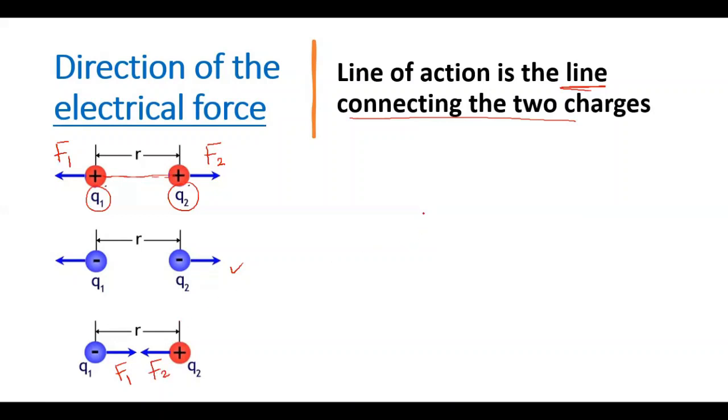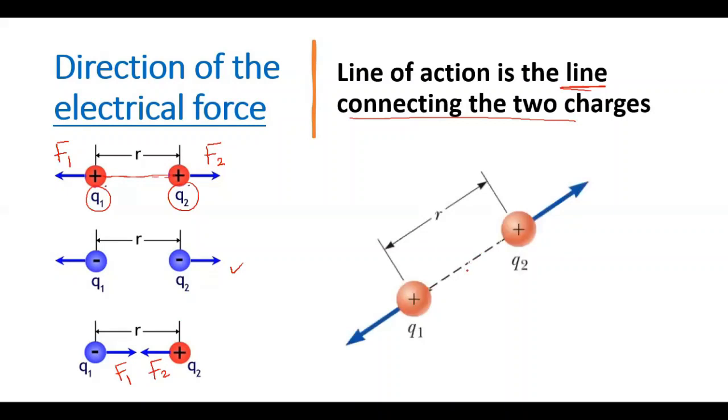If we have two charges like here, we have to connect the two charges as we already mentioned, and the repulsive force will be on this line. So I'm going to draw the force acting on Q1 in this direction, down, and call it F1, and the force acting on Q2 due to the presence of Q1 will be called F2, and it will be upward to represent the repulsive force.